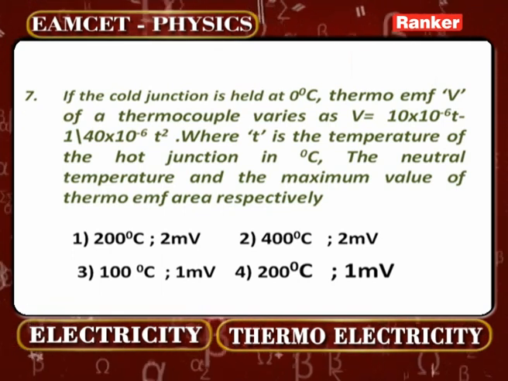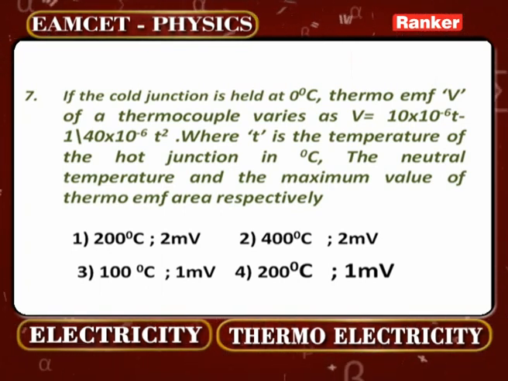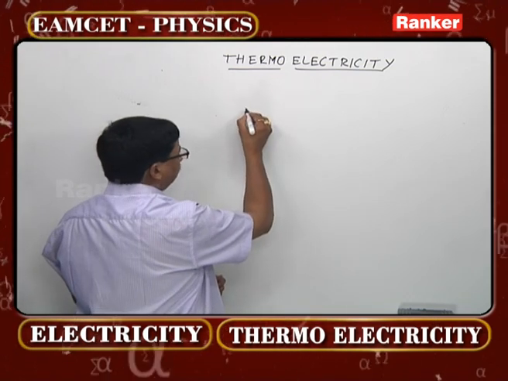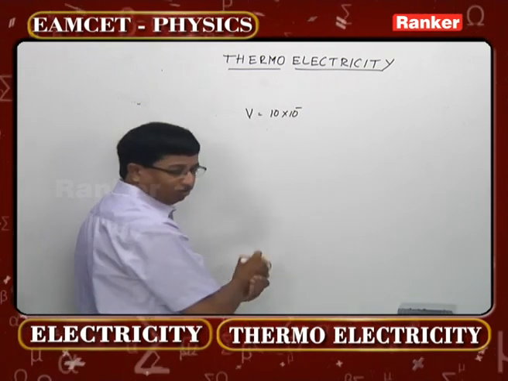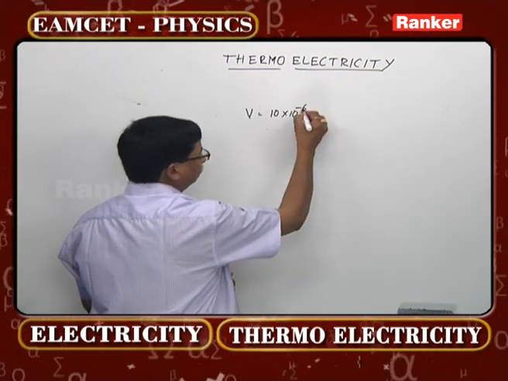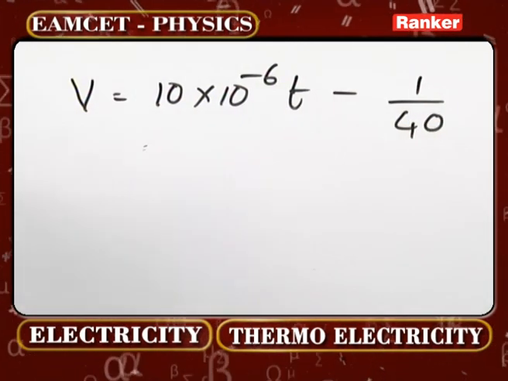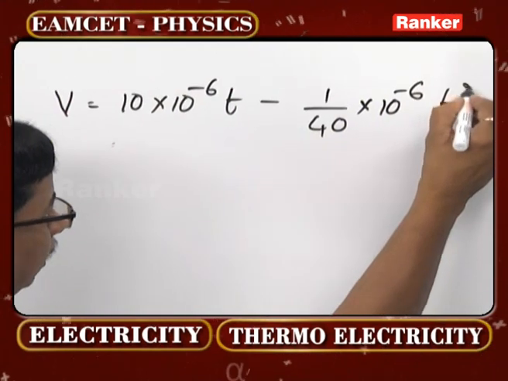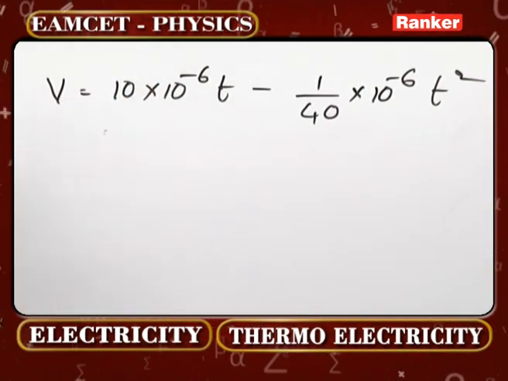That is the point. Look at the equation what has been mentioned first. What is the equation given? He is talking about V is equal to, that is EMF, 10 into 10 power minus 6 into T, minus 1 by 40 into 10 power minus 6 T square. That is the actual formula. That is the equation mentioned.